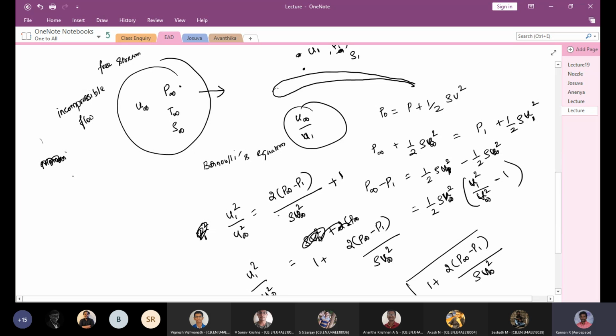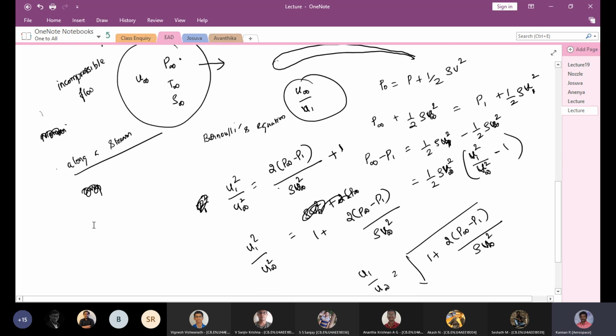There, the case is along a streamline, and between any points in the flow. So this is the one. Just keep those relations in mind and try to get something on that. Any questions, just go through that. If you have any questions, please tell me.